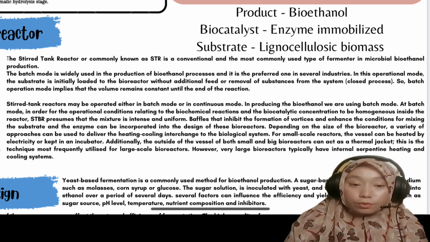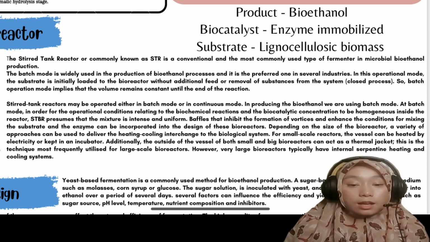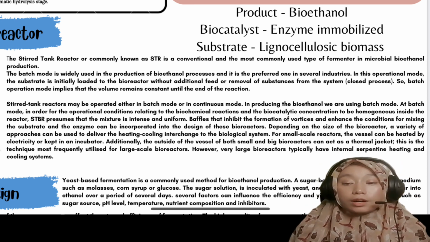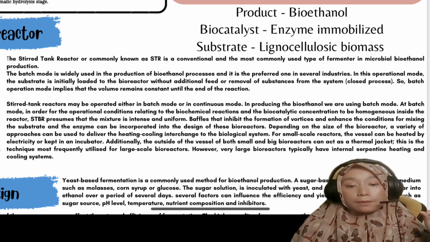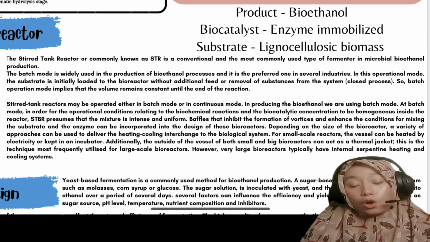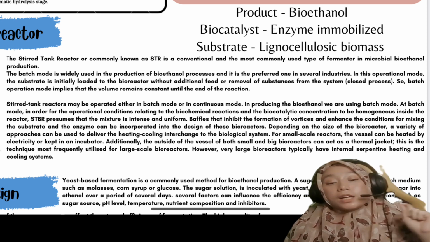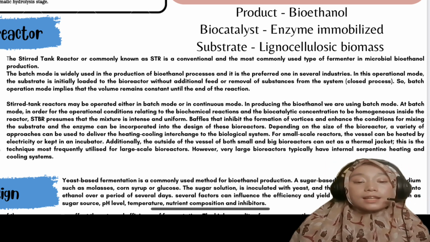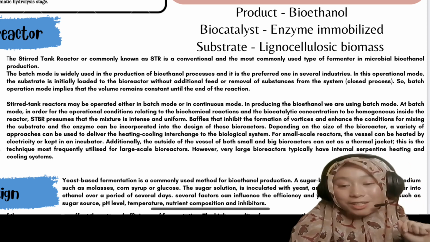In this operation mode, the substrate is initially loaded into the bioreactor without additional feeds or removal of substance from the system, or as we know, a closed process. So, the batch operation mode implies that the volume remains constant until the end of the reaction.